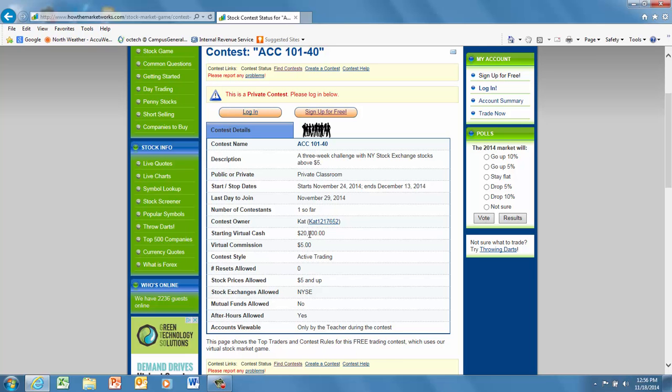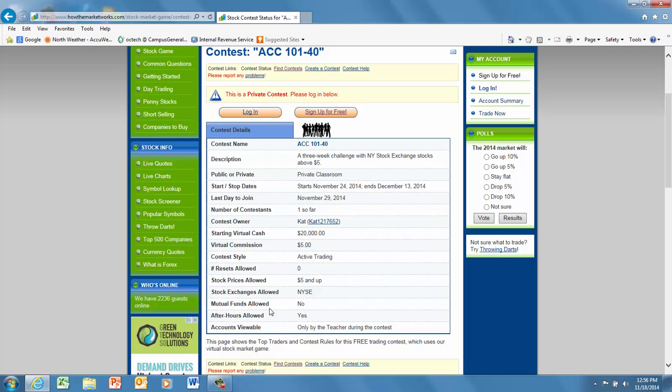Most stocks cost less than $100 per share, so it won't be a problem. You can buy 100 shares and it not be a problem. But there are some stocks that cost actually, in fact, more than $20,000 for just 1 share. So you're not going to be able to buy those stocks. Okay, you don't have enough money.